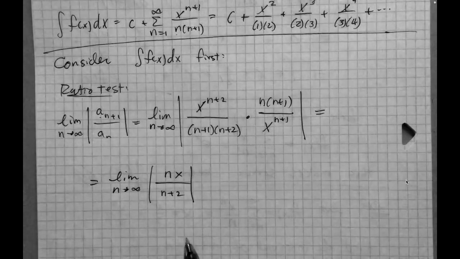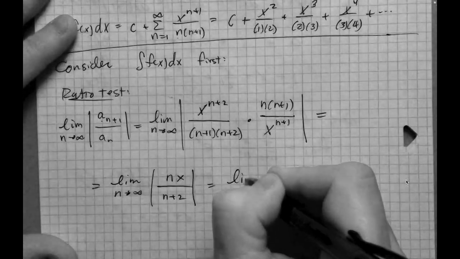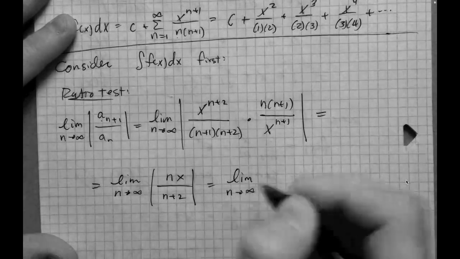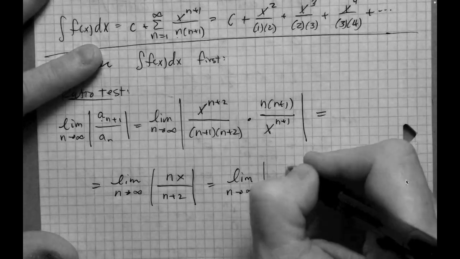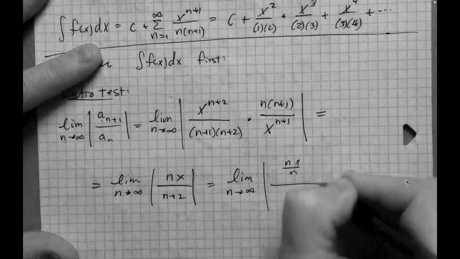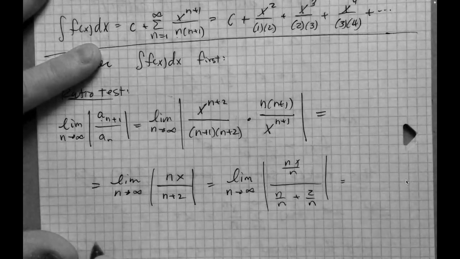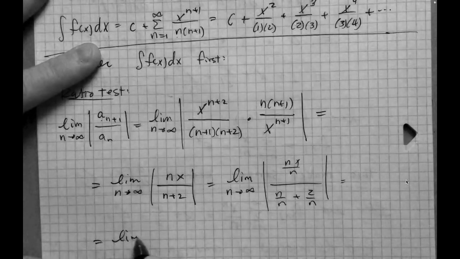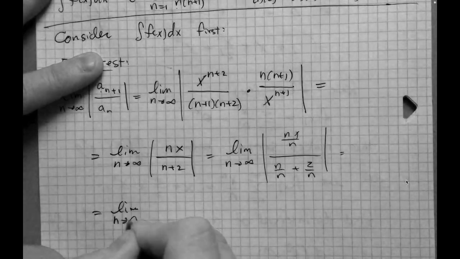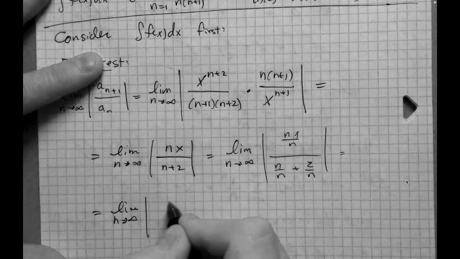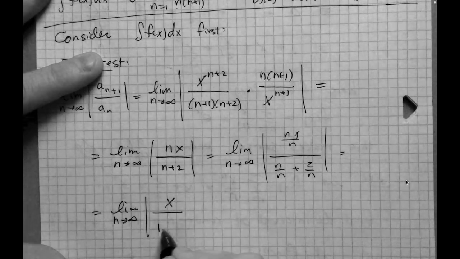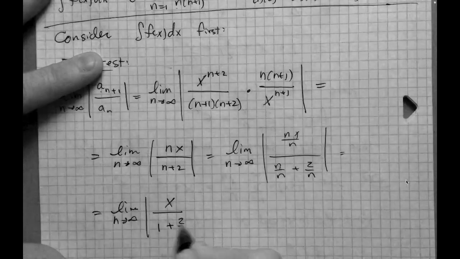You can do the same exercise as in the previous examples that we've done, where we divide everything by n. So nx over n divided by n over n plus 2 over n. And you get the limit as n goes to infinity of the absolute value of x over 1 plus 2 over n.